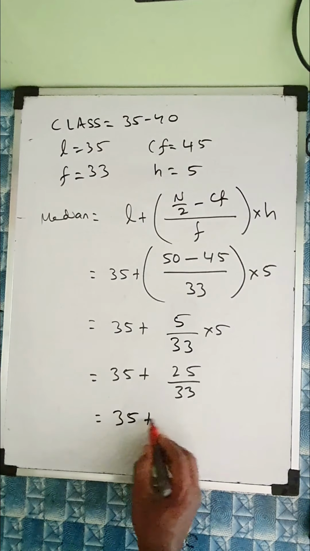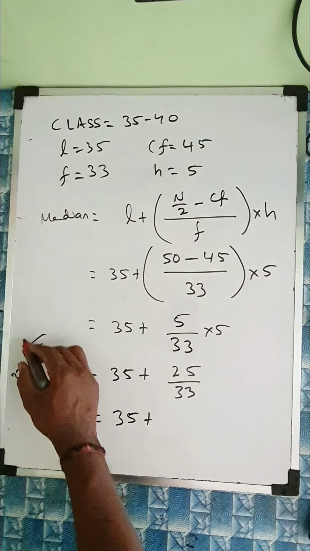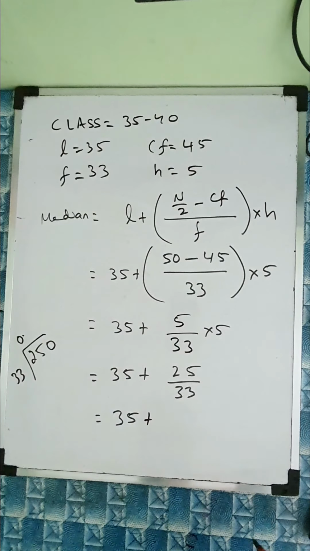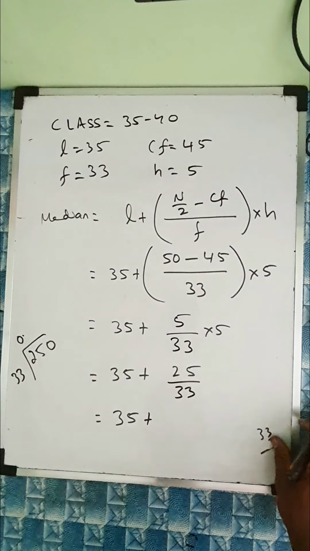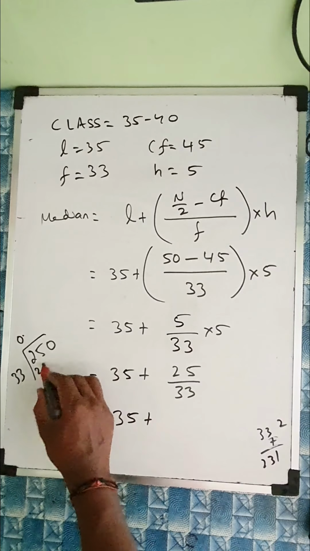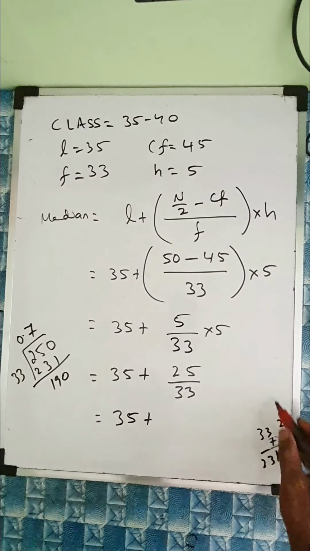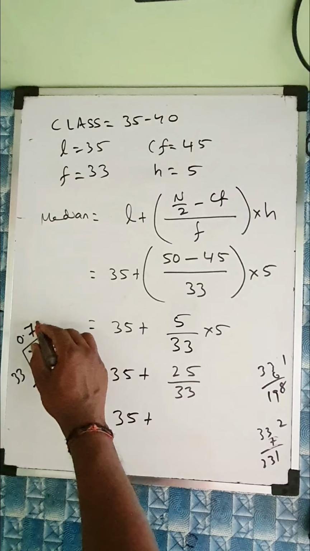So 35 plus, now we'll divide these two: 25 divided by 33. So how much will it be? 33 into 5, that is small; I think I'll take 7. 33 into 7 is 231, so we'll just take 231. Then if you subtract, again 33, we cannot take more, we'll take 5 only.